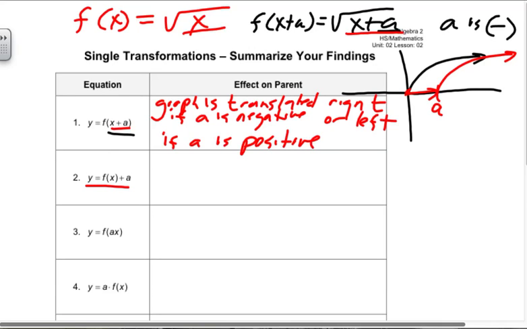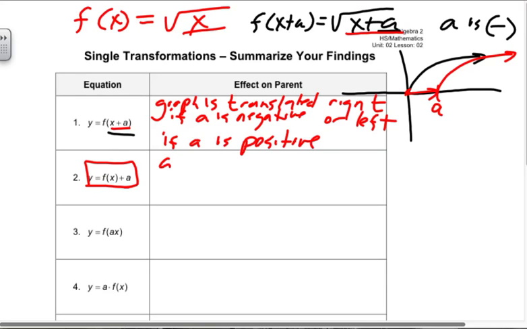This one looks similar, but it's not quite the same thing. The difference here being, notice this was inside, and here we're going to add it outside. And these are the kind of transformations you guys are used to dealing with.